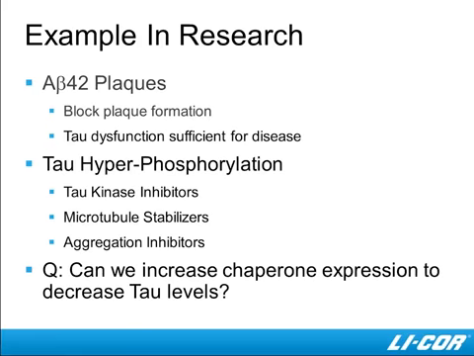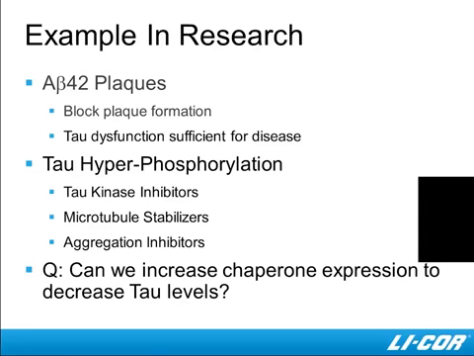Now, the proof behind this hypothesis was that years ago, a compound was discovered called geldanamycin. When looking at geldanamycin, it was found that the main function of this compound was that it would inhibit HSP90.